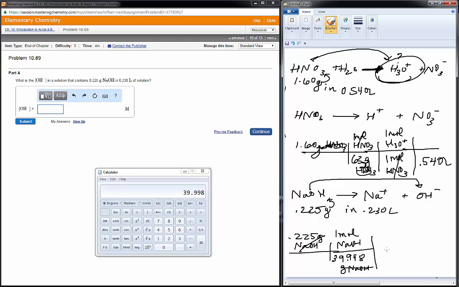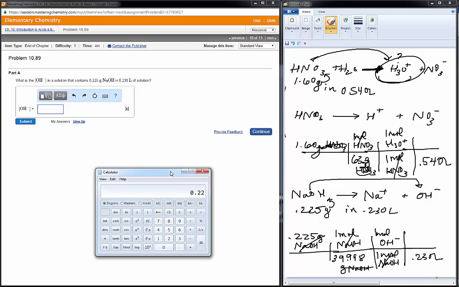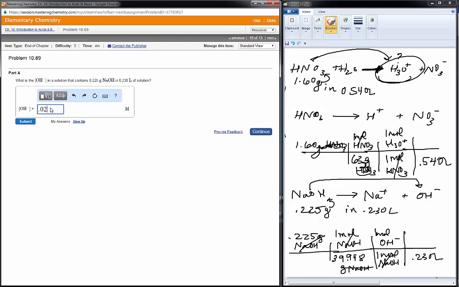Grams of sodium hydroxide cancel. Then again, 1 mole of sodium hydroxide produces 1 mole of hydroxide ions. And we've got 0.230 liters of solution. So now we've got the moles of hydroxide in liters of solution. So 0.225 divided by 39.998 times 1 divided by 1 divided by 0.230 gives me 0.0244.